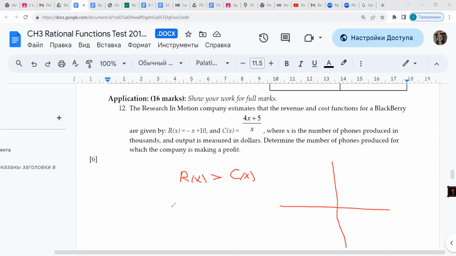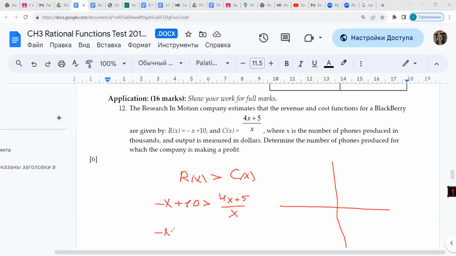So -x plus 10 is supposed to be greater than the cost. So it must be greater than 4x plus 5 over x. Now we have to solve this inequality. The way we can do it is, first of all, let's move everything to one side of the inequality sign.